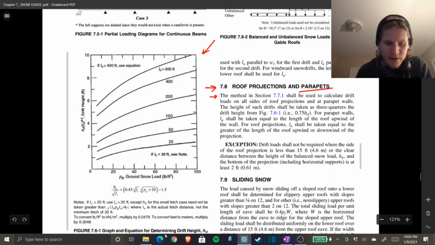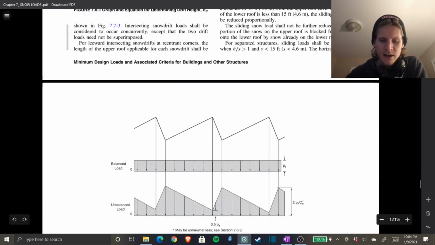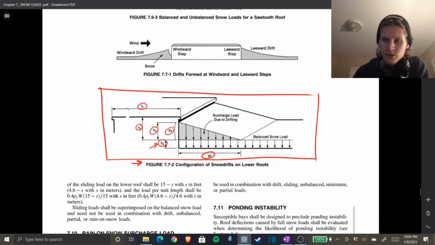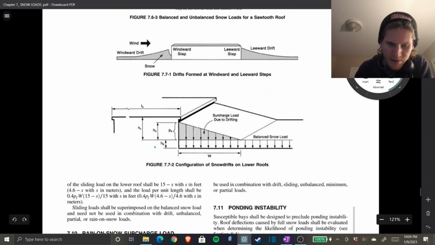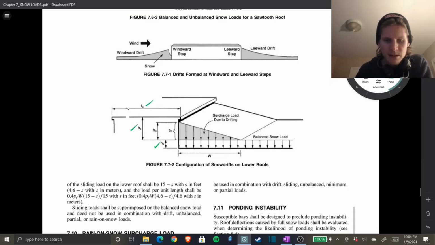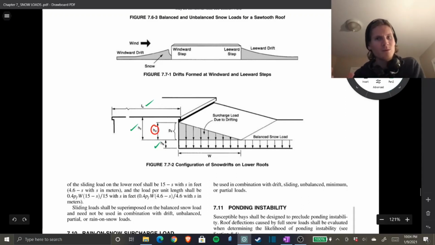And what you have is a figure that will solve H sub D for you, your drift height. If we go to our model here, you see that we already have H sub B, we have H sub C, we have L sub U, we don't have W yet, we don't have P sub D, and we don't have H sub D, but we're going for this one, your drift height. So that's where we're at right now, focus on that.